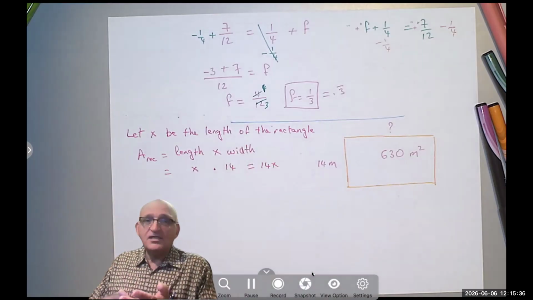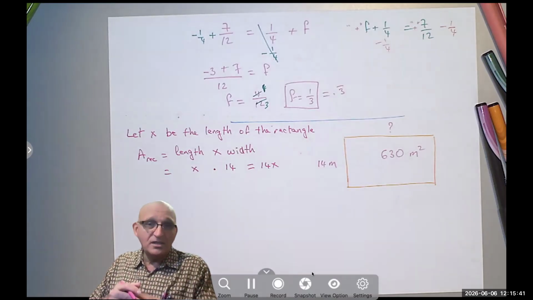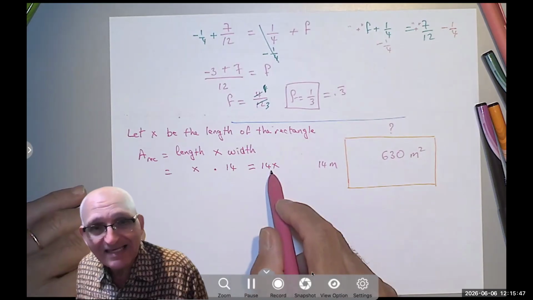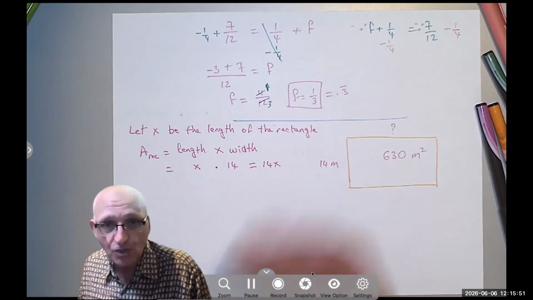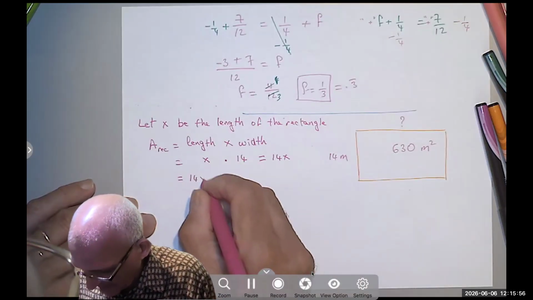I have X1 and X2 and X3, and I have X14 and X31, whatever. So you write the number first. You don't write any operator between it and x, so that I know that the area is 14 times x.